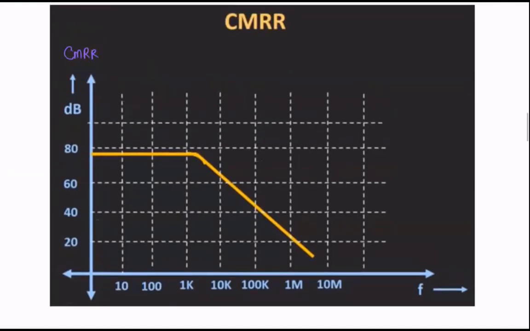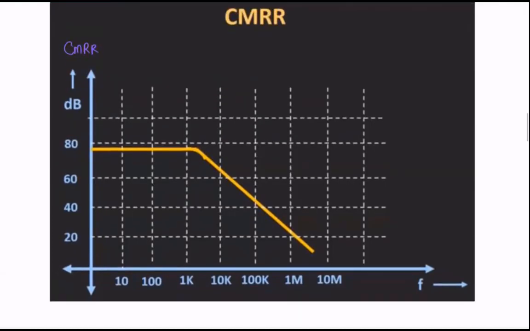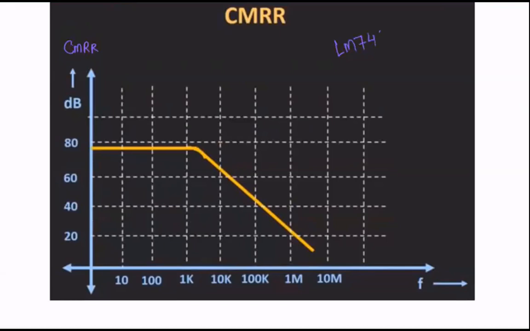Say you buy an LM741 chip, you look at the data sheet and you find this graph, which gives you this pattern for common mode rejection. If I ask you at which frequency you would operate this LM741, can you give me a range? Somewhere between 0 and 1 kilohertz. It looks like at this point is a good range to operate.